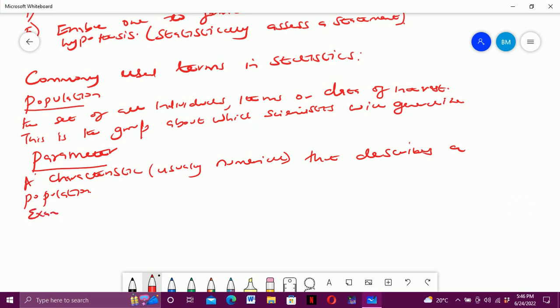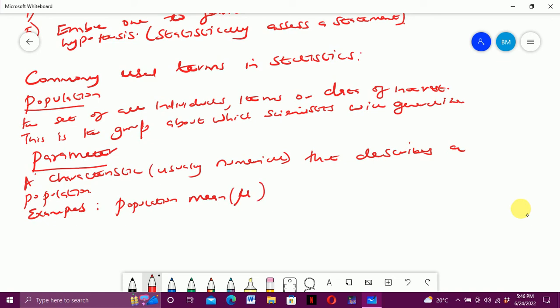Examples of population parameters are the population mean, which we denote with the letter mu.